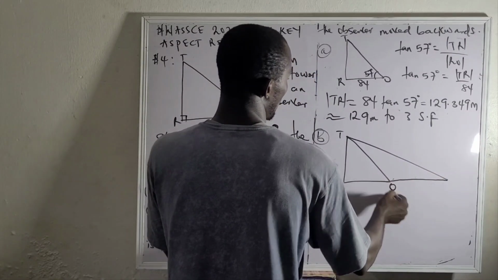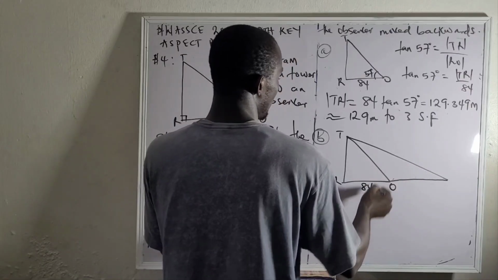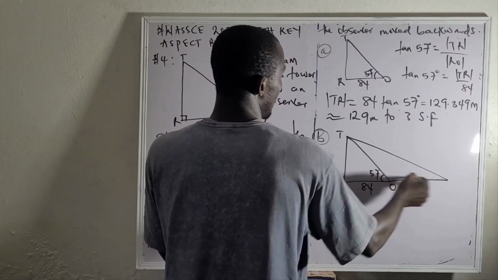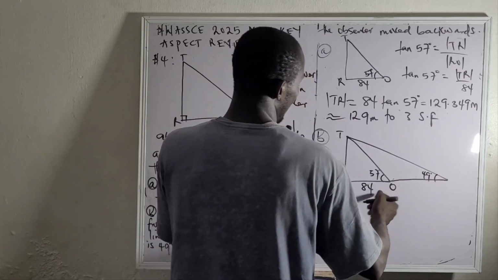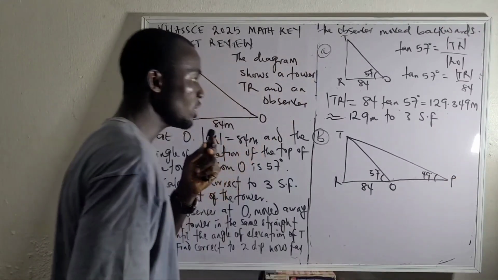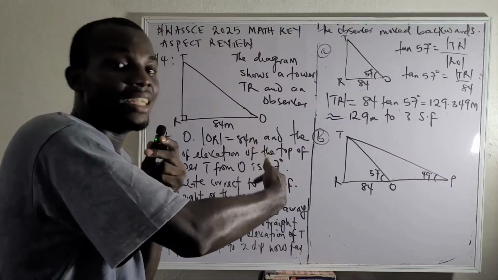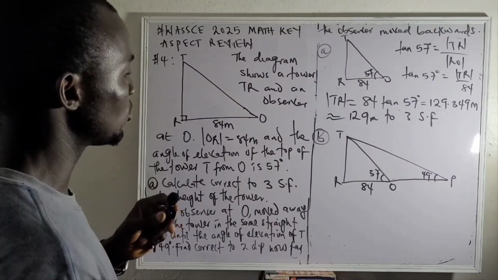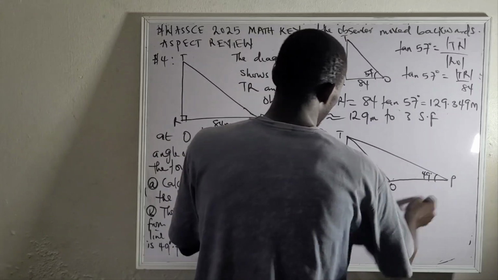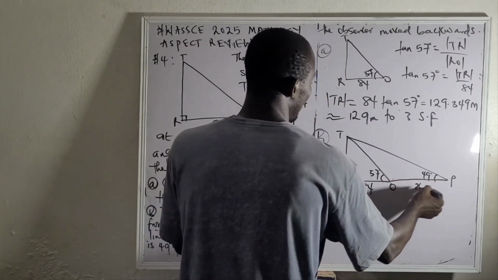This is O, this is 84, this was 57, and this has become 49 according to the question. Let's call this one P. Do you see that? That is the geometric representation of the question. All we are left to do is find the length OP. Let's call this length OP, X.